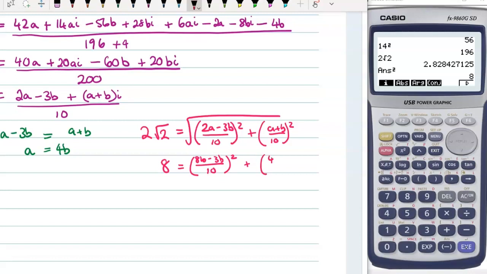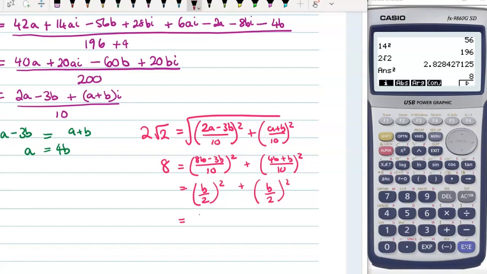And then if we put 4b in for a here and square that, we end up with 8b minus 3b is 5b over 10 all squared. And this one will also be 5b over 10 squared. Well, 5 over 10 obviously cancels to a half, so that's b over 2.